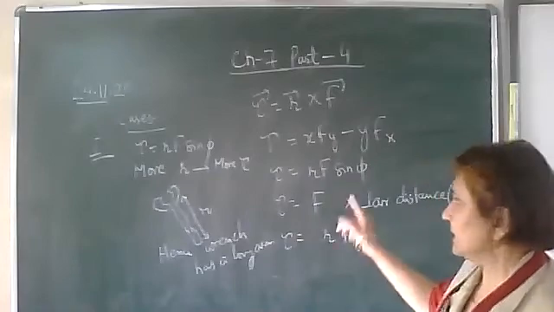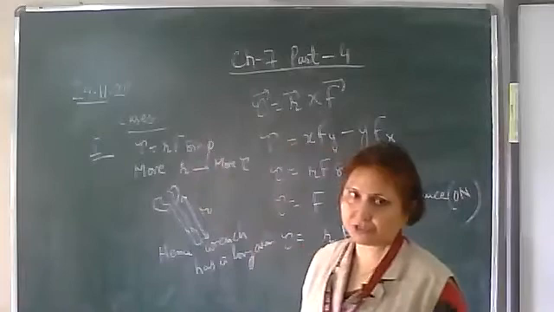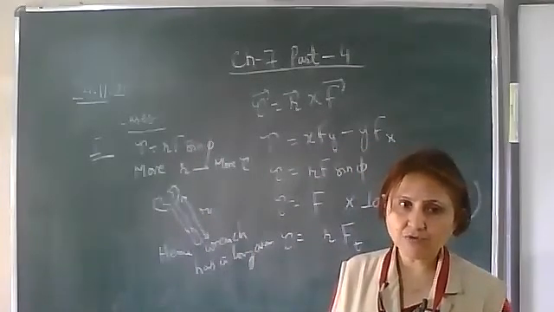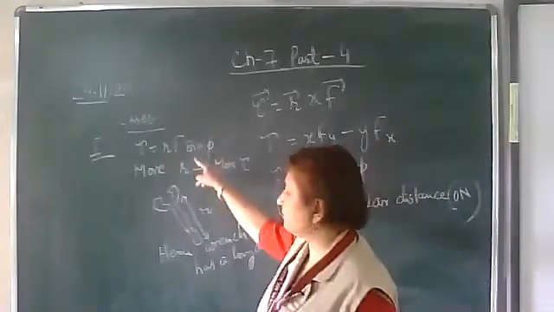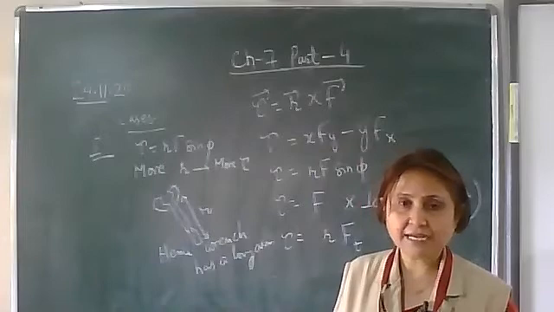Now the second case: if r and F are fixed, tau depends upon phi. Tau will be maximum when sine phi is maximum. And when is sine phi maximum?